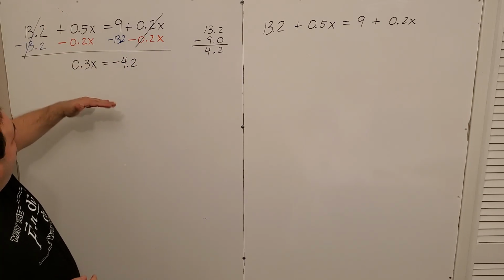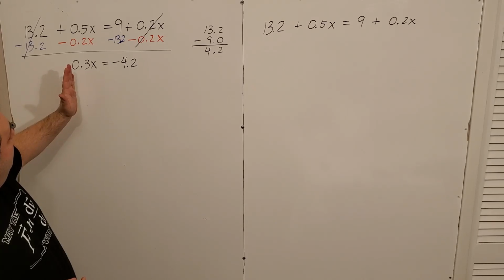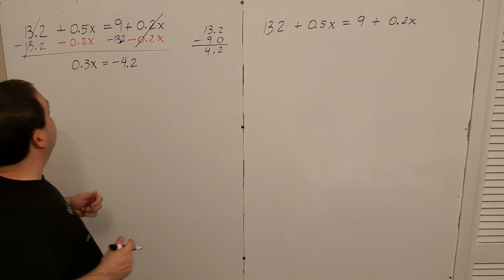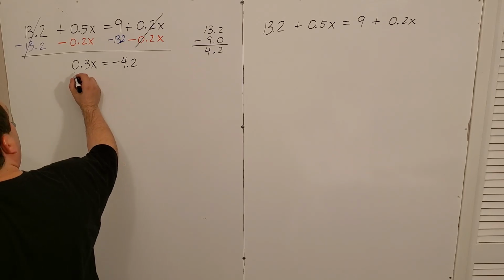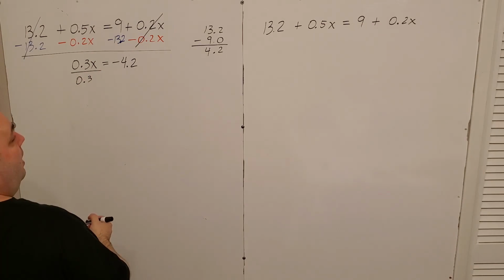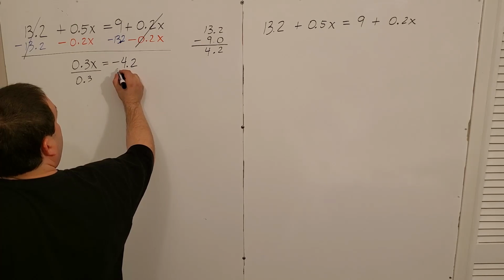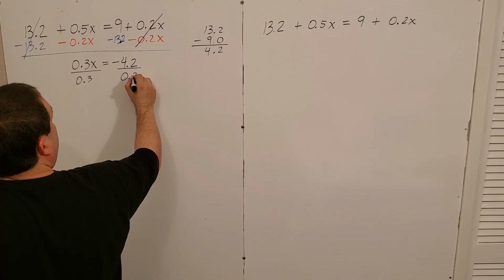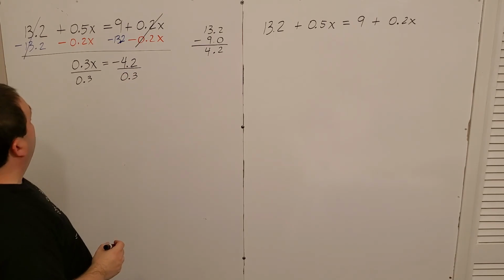And then, like before, I've got the number times x on one side, and then the number on the other side. So then I'm going to divide both sides by whatever's multiplied by x. Okay?